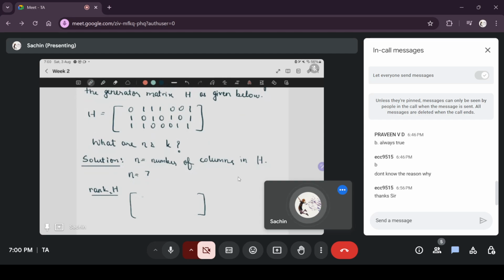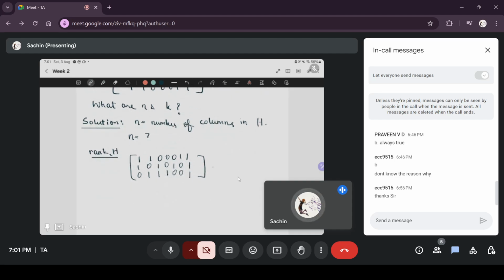So we'll first exchange row 1 with row 3, keep row 2 as is, then row 2 will change to row 2 plus row 1.